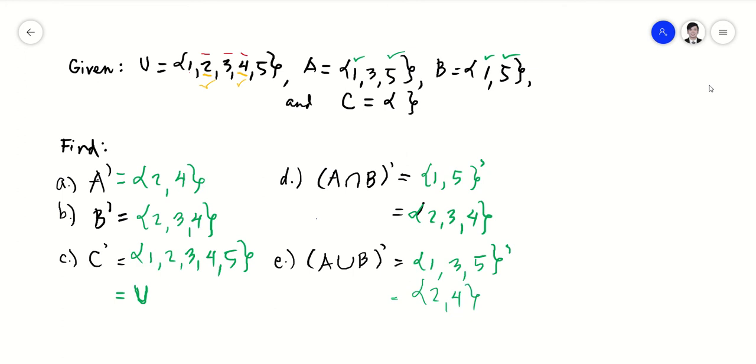Let's have another example. What if it's now like this? So how do we read this one? We're asked to find the intersection of the complement of A and the complement of C. So where do we start?